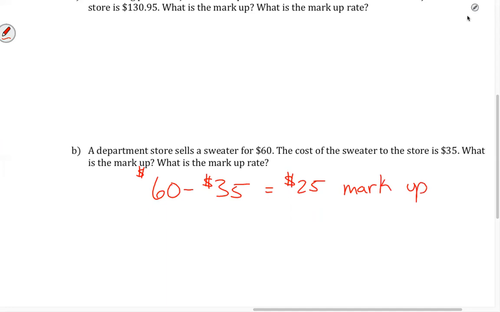So I'm going to do 25 over 35. And I get 5/7, which is roughly 70% markup. 71.4. So 71.4% markup.